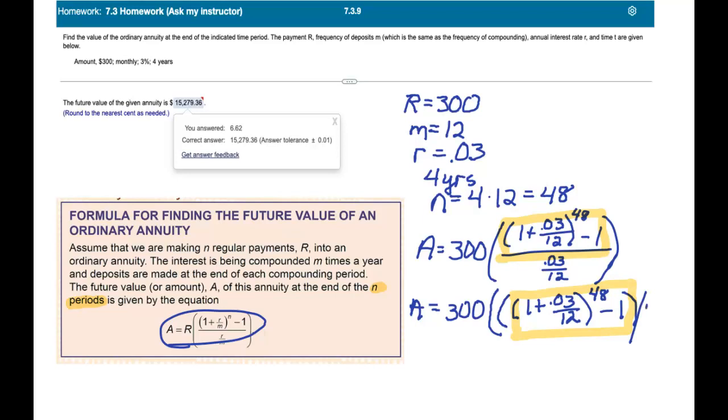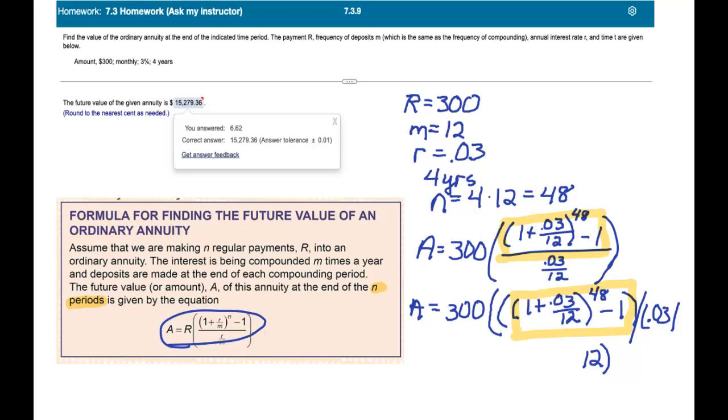That's going to be 0.03 divided by 12. I'm going to have to go down here to my next line. Divided by 12. Close that parenthesis. And that's going to take care of everything in the denominator.